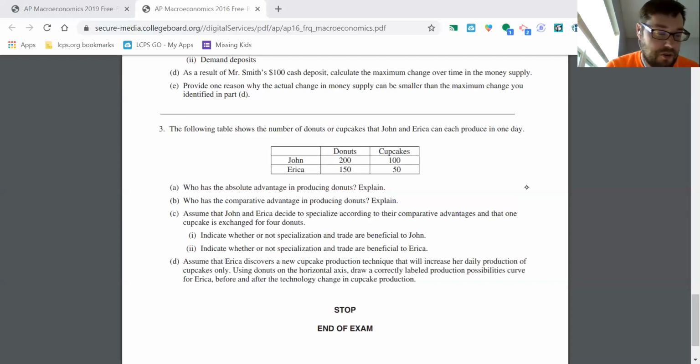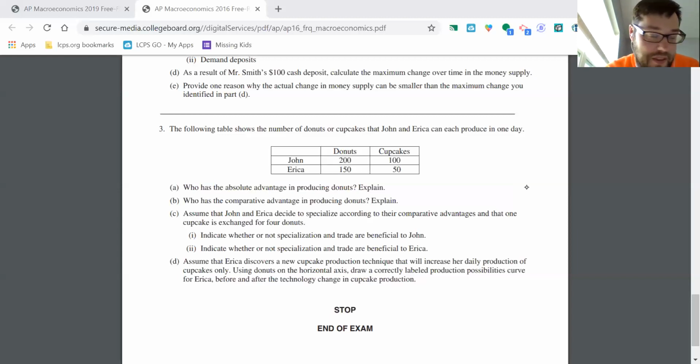So go back to part B, right? Because they said both. So Erica was going to produce donuts because she had a comparative advantage, and then John was going to produce cupcakes. Well, what we just said, right? Whoever is producing donuts here is not getting a very good deal, right?